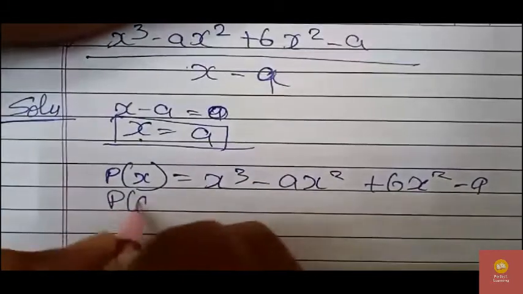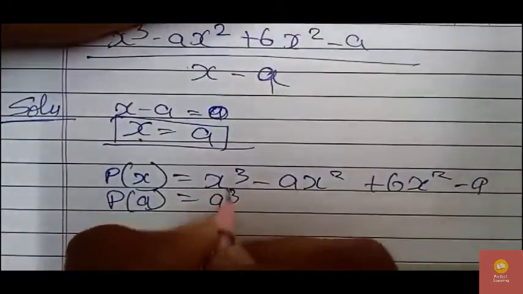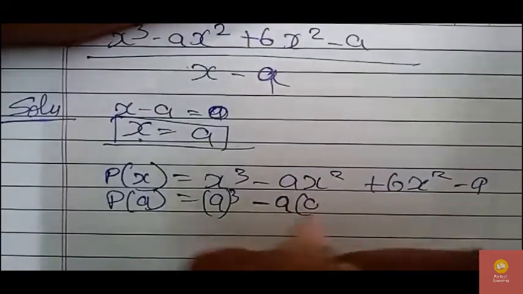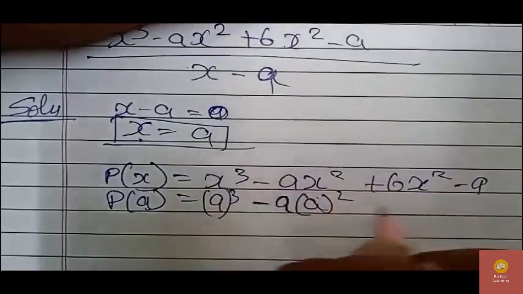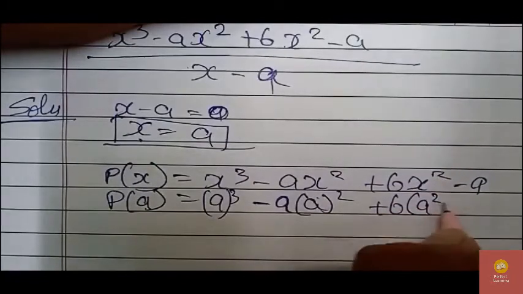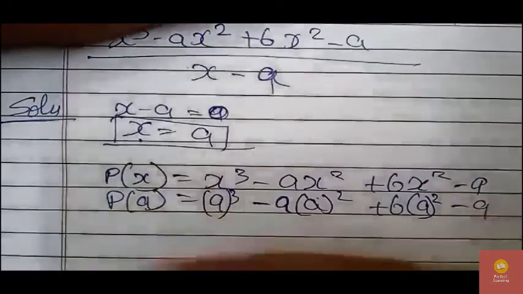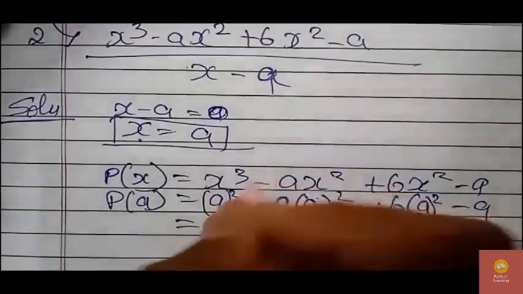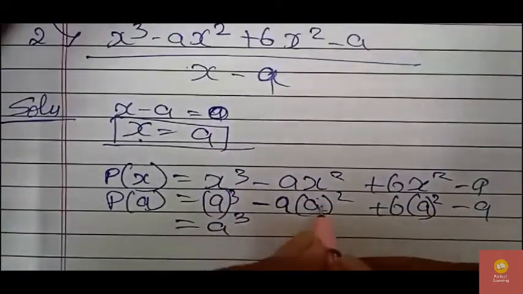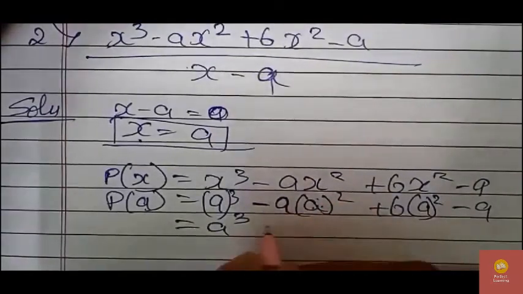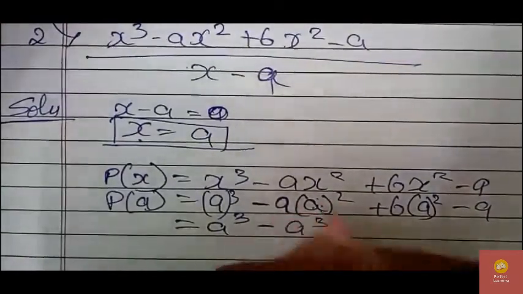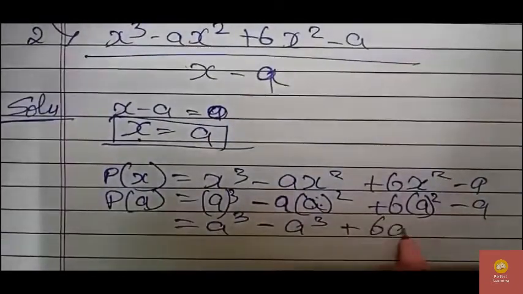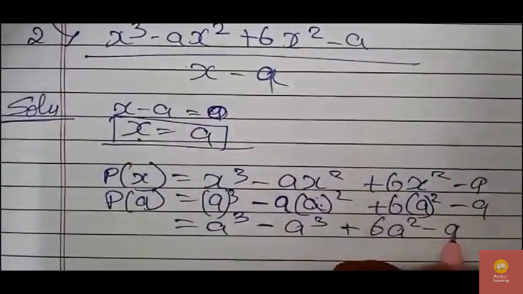Now further solve. P of a is equal to a cube minus a into a square plus 6 into a square minus a. Further solving, a cube is a cube, and minus a into a square becomes minus a cube, and next plus 6a square minus a.